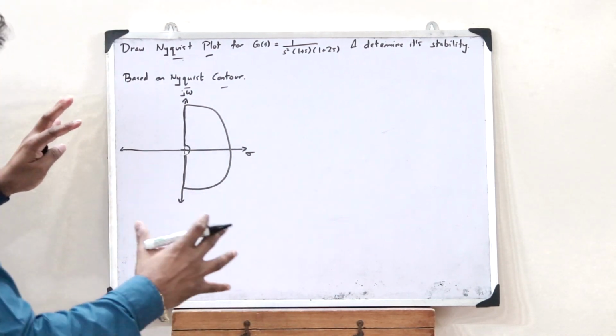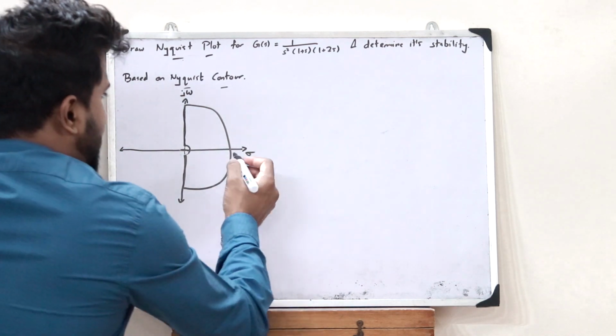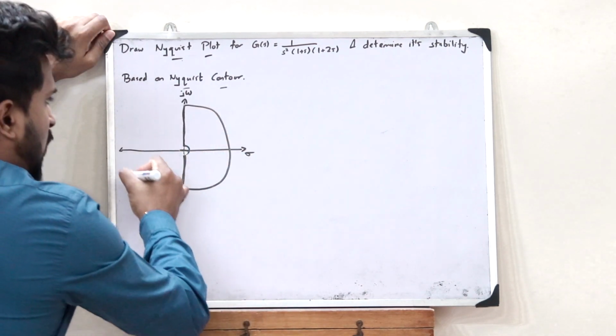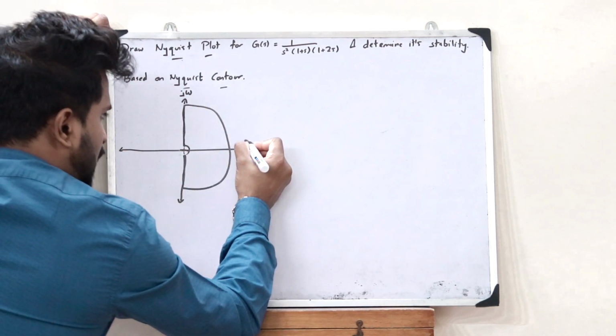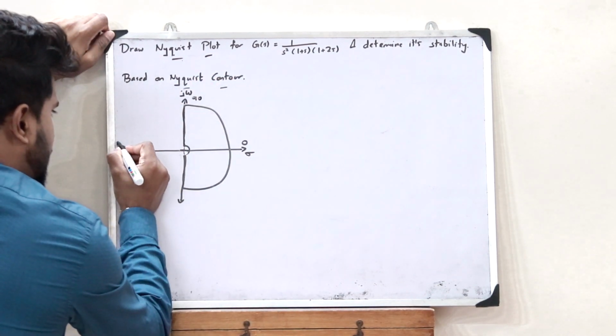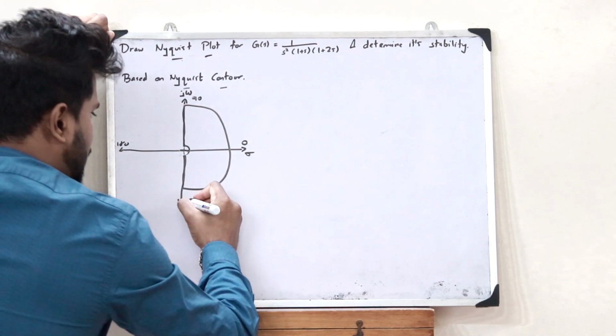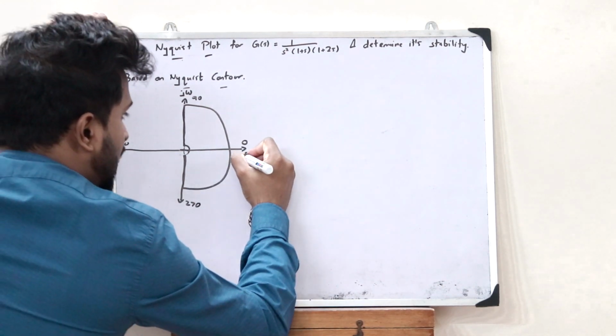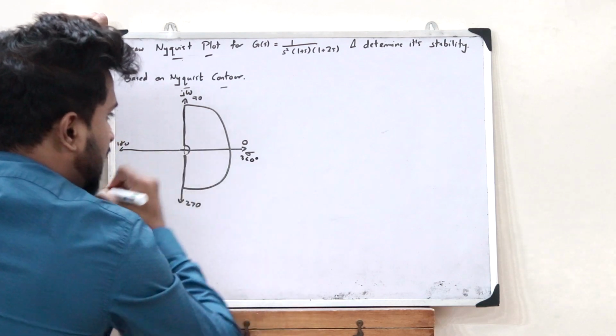The interesting part about an S-plane is that when we consider the anti-clockwise direction, here we would have 0 degrees, here 90 degrees, here 180 degrees, here 270 degrees, and here 360 degrees.